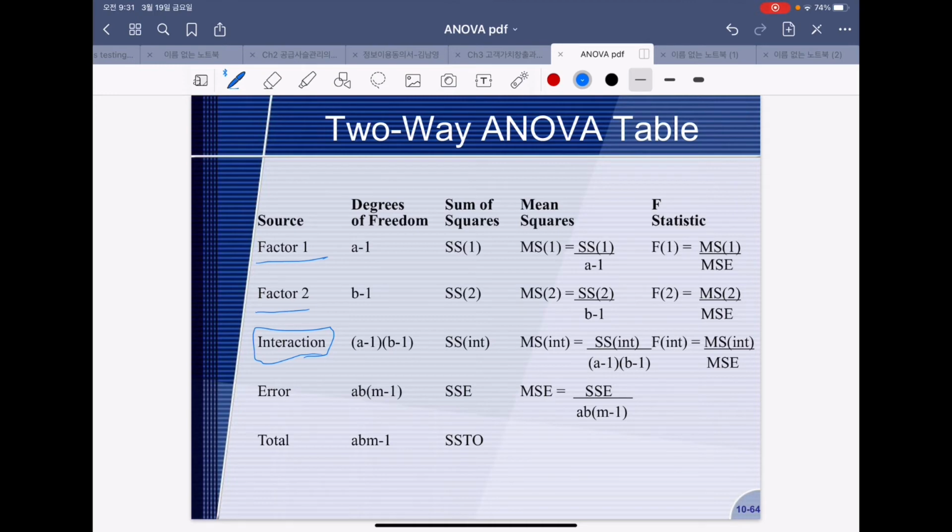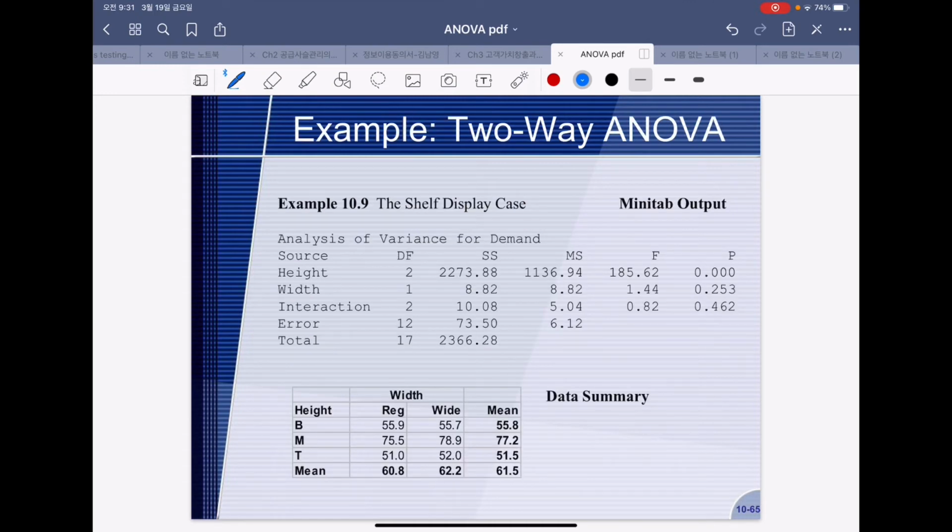This is the actual output for our shelf display case. We have height here and width here. These are the factors, and also we have interaction here. So we have three p-values, so obviously we have three types of hypothesis testing going on here.